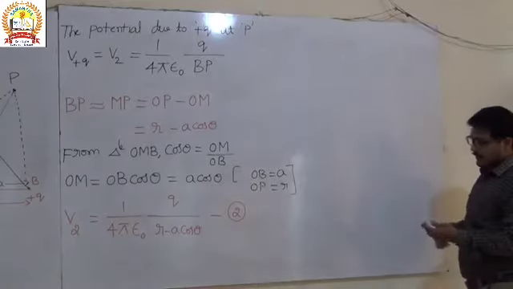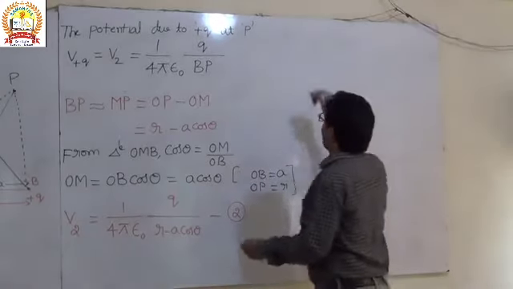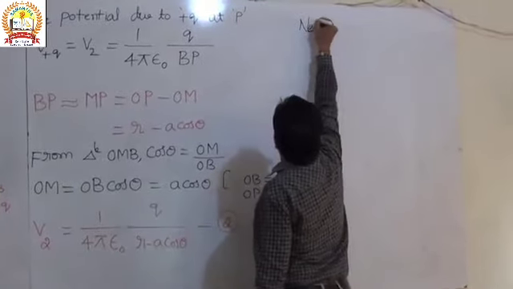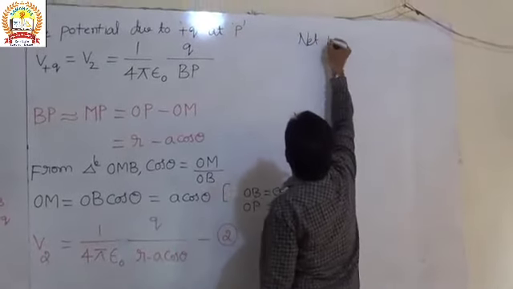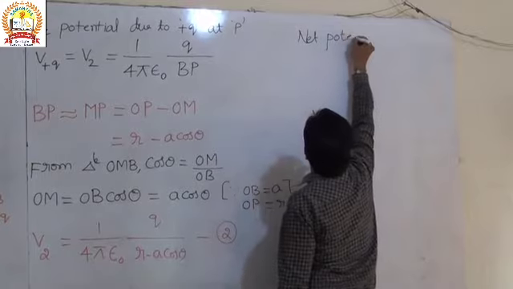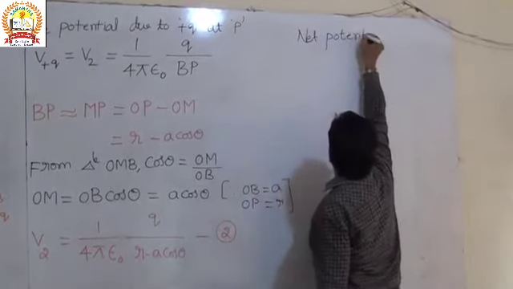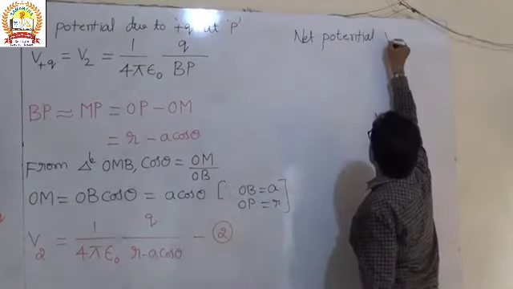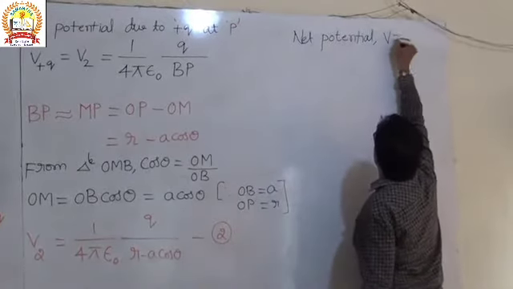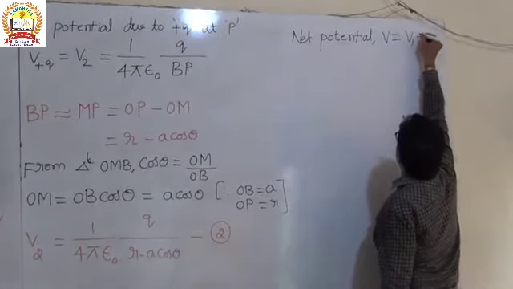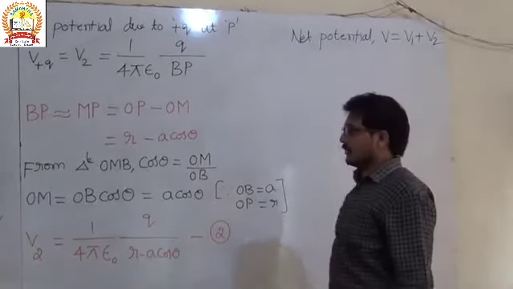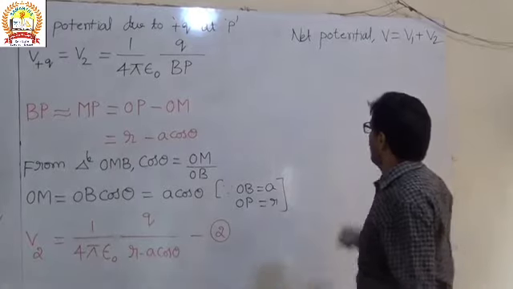So the net potential V is equal to V1 plus V2. V1 plus V2 is the net potential.